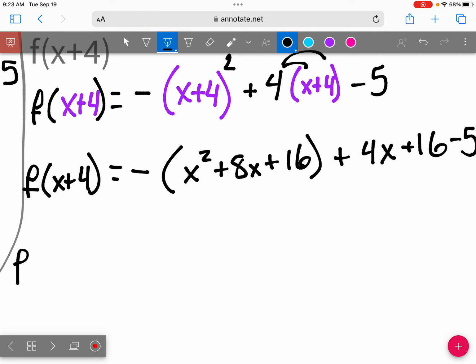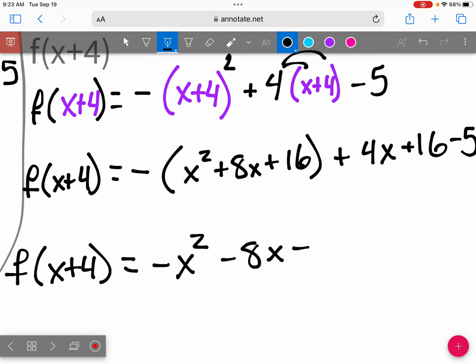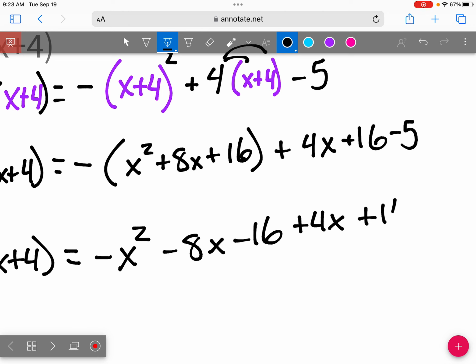So we have f of x plus 4 is negative x squared minus 8x minus 16 plus 4x plus 16 minus 5. And we need to simplify and we're almost done. And I cannot write in a straight line to save my life. It looks not as awful on my iPad.